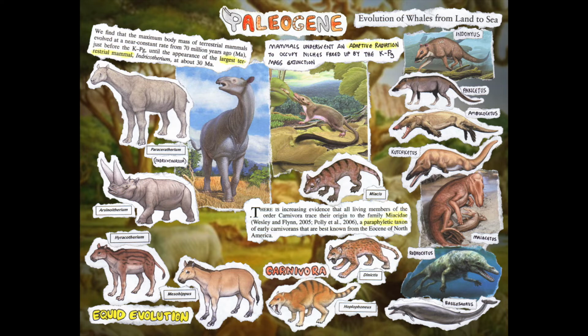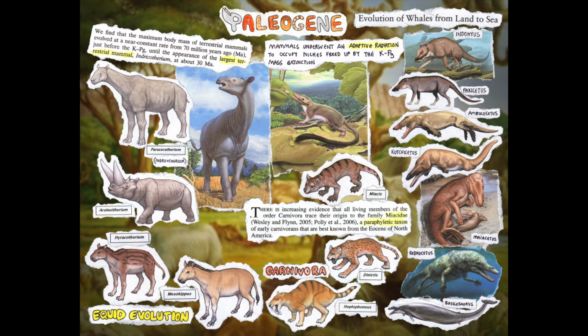You see mammals returning to the water with things like Indohyus, Pakicetus, and this transition into whales. You also see the first carnivorans, which led into caniforms and feliforms, the vaguely dog and cat like things we have today. And also equid evolution, with the first horses and the development of a hoof.